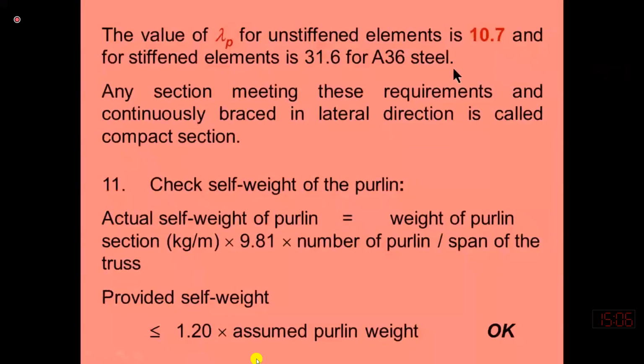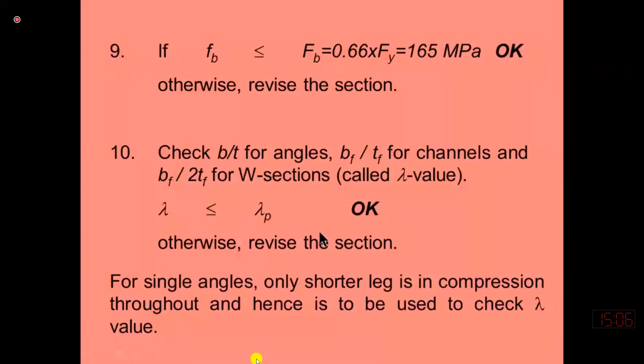For a single angle, only the shorter leg is in compression throughout, and hence it is used to compute the lambda value. I told you that when we select a single angle, the vertical leg is placed in the gravity direction, so it will be in tension. The leg in the transverse direction is always shorter, so the shorter leg is in compression.